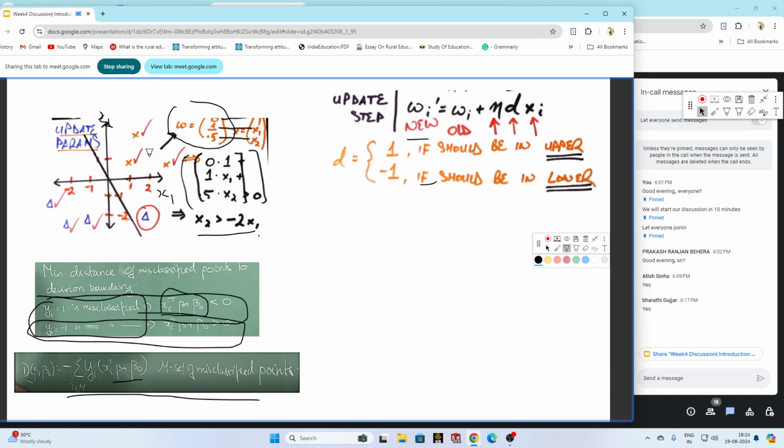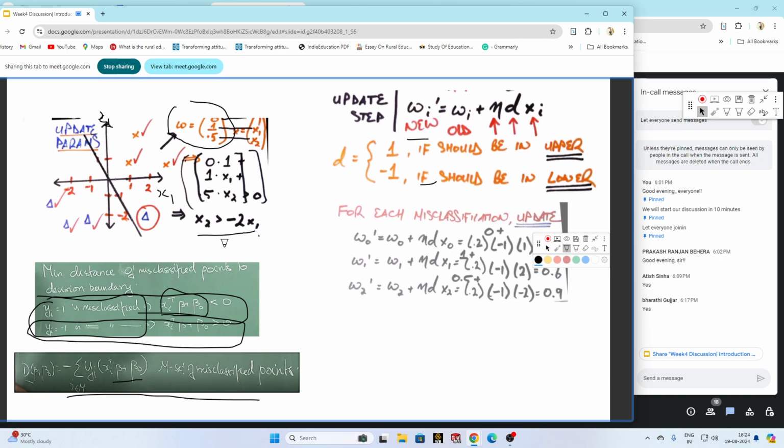If the point should be on the upper side, we say it as 1, and if it should be on the lower side, we say it as -1. Now see this point. It should be on the lower side, but it is on the upper side. So we will take d as -1 and update the weights. How will we update the weight?